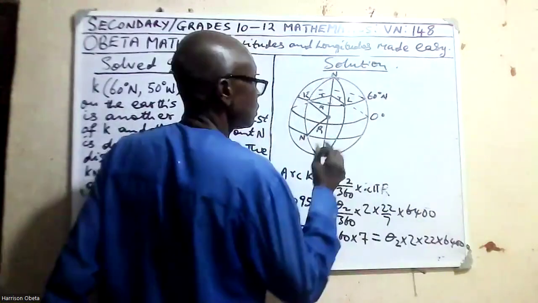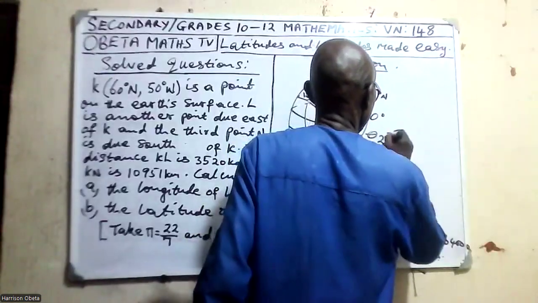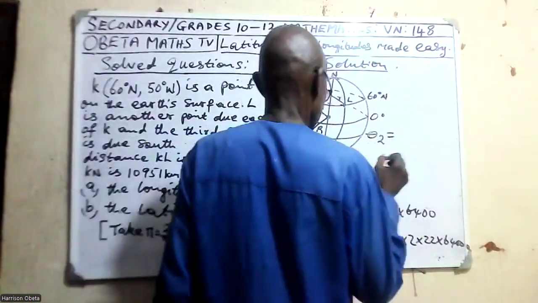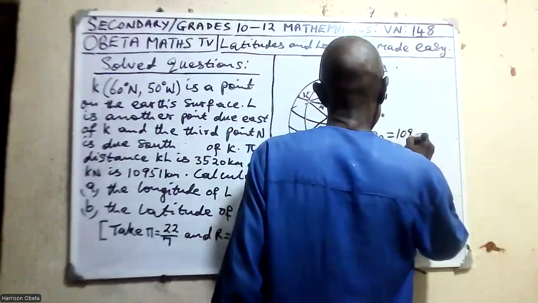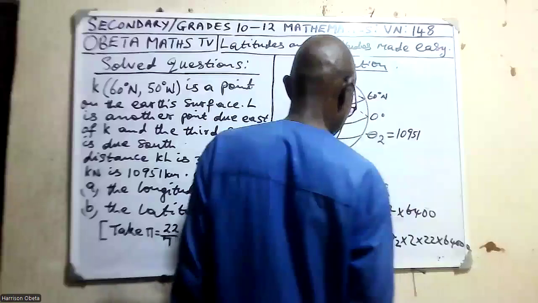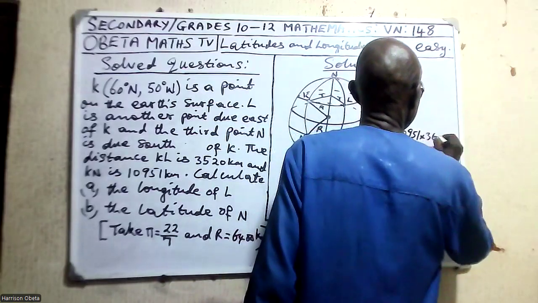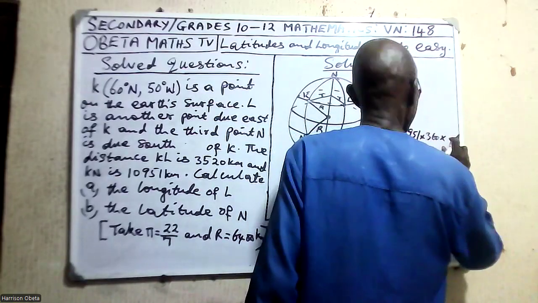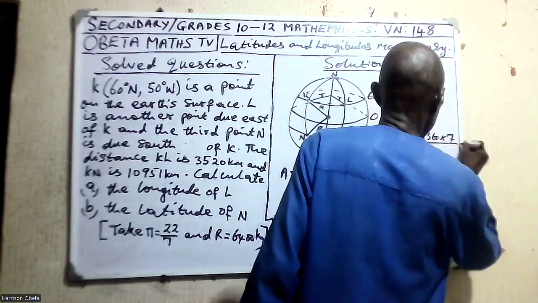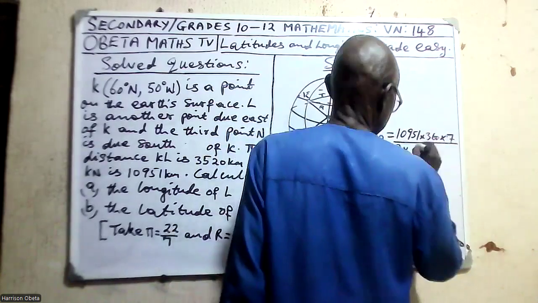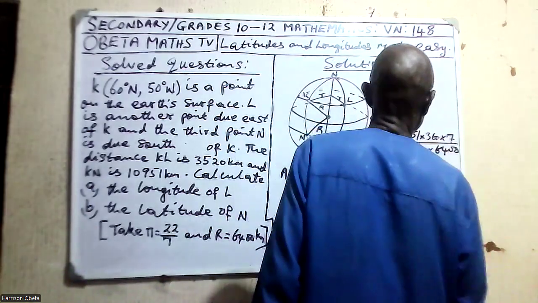Okay, so we are saying that theta 2 is equal to 10951 multiplied by 360 multiplied by 7. We are dividing it by 2 times 22 multiplied by 6400.